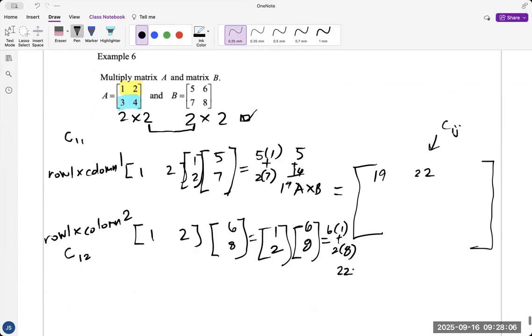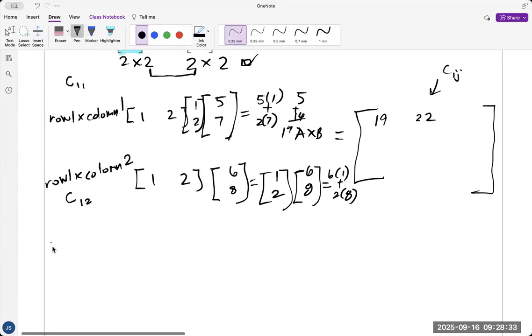So the 22 that we just got needs to go in the first row and the second column, which is right here. I notice I didn't put the answer here, I put it here, because I multiplied the first row times the second column, where the first row is this first line going across.